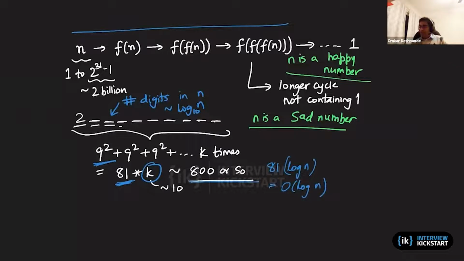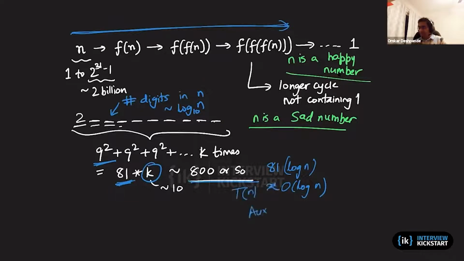And that would be the maximum length of this chain, before which we start seeing a cycle. Even if we allow for some delay with the hare and the tortoise going around that circular track until the hare catches up with the tortoise, it's not going to add anything more than log n in complexity. So we can say the time complexity is roughly order log n.